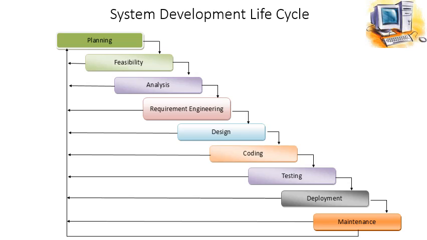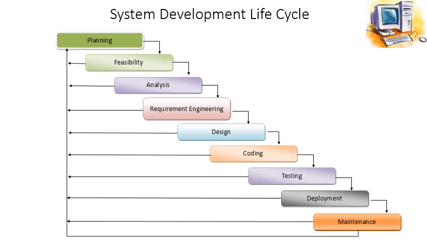And if the plan is feasible, then we come toward the analysis phase, and if we find something which is not possible for us, or not related to our requirements, those can also be changed by going back to the planning phase or feasibility phase. So that's why it is called a cycle, where we can move to any phase from any other phase or step.